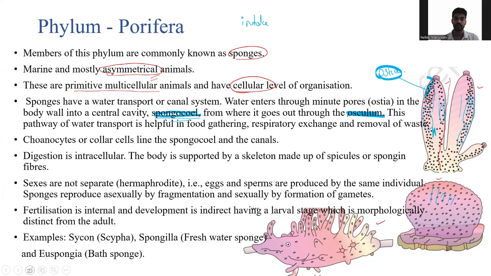This is all about the water transport system.